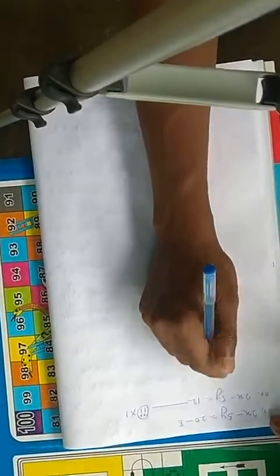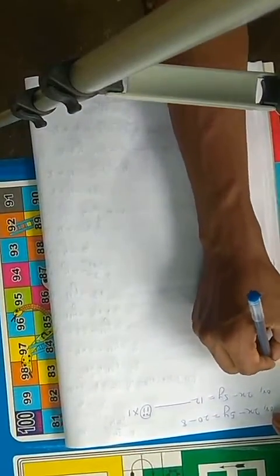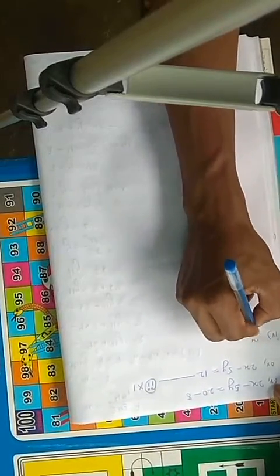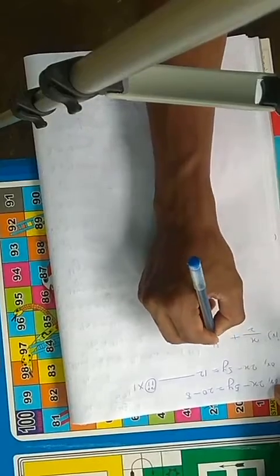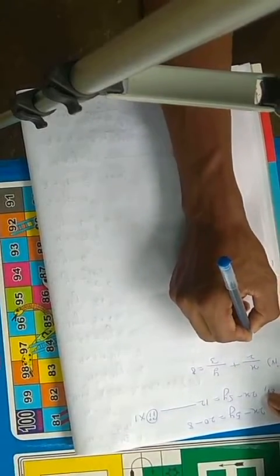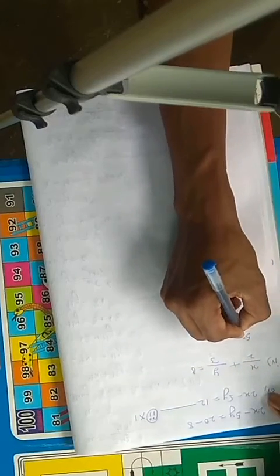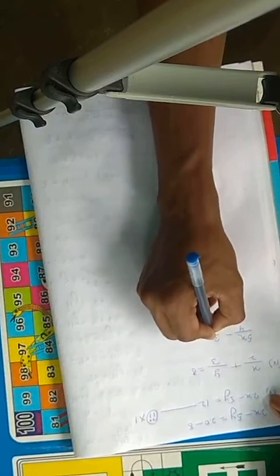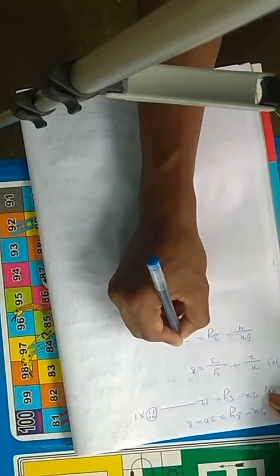That is equation number 3. Then number 4, I will make the equation, you have to do it yourself. x by 2 plus y by 3 equals 8, and 5x by 4 minus 3y equals minus 3.